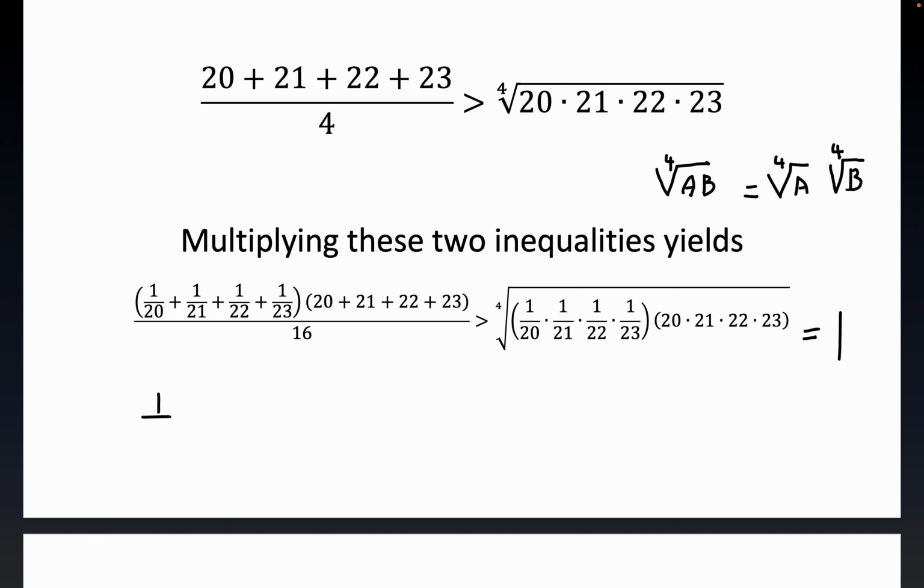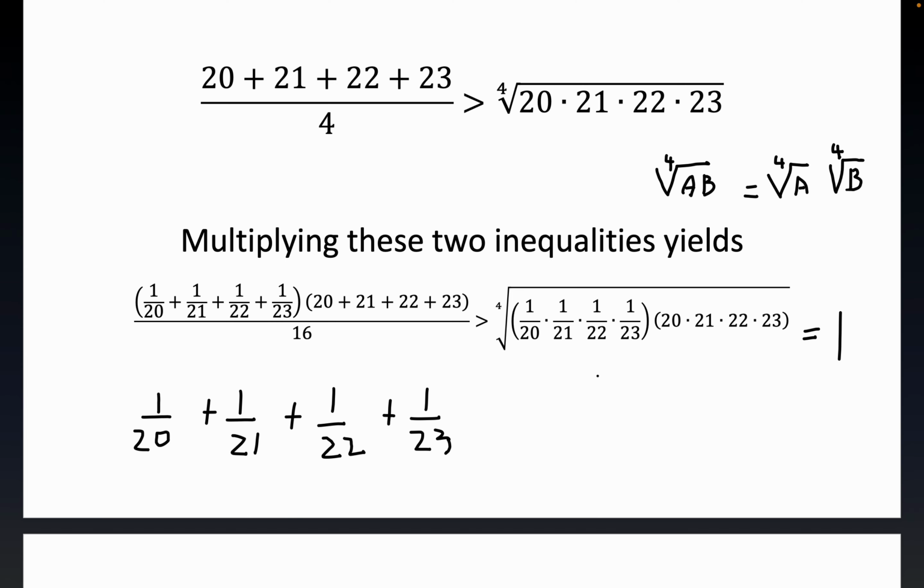You get 1 over 20 plus 1 over 21 plus 1 over 22, the sum of the reciprocals, plus 1 over 23, okay.